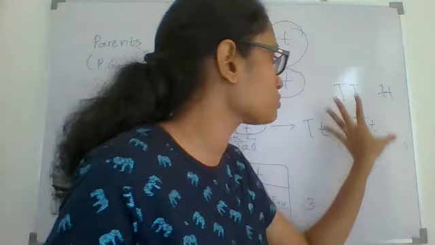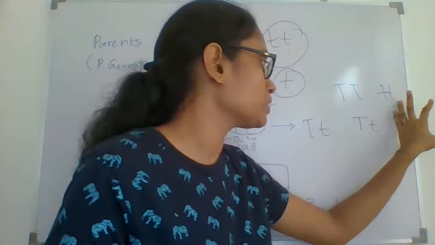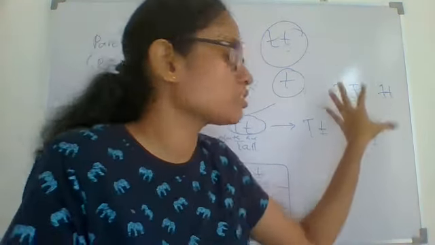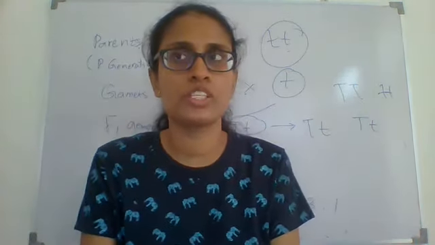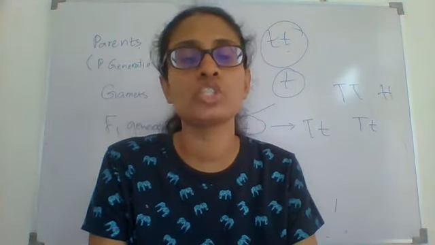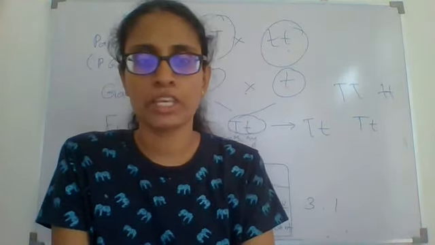This is how the genes are expressed. So normally gene expression is described as the combination of a gene pair for a particular character. So phenotype and genotype I explained.